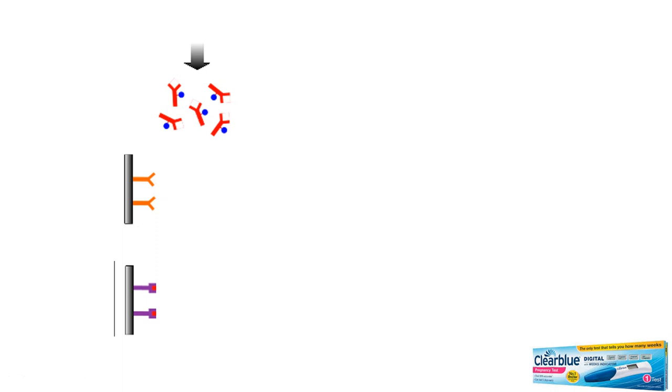Okay, so this is how it happens. You add your urine. Of course there's no antigen in the sample, so the flow of the urine causes the detection antibody to start moving. Now it's passing this antibody because there's no antigen present. So the detection antibody has nothing to bind to, and therefore the capture antibody will not isolate the detection antibody and antigen from the solution.